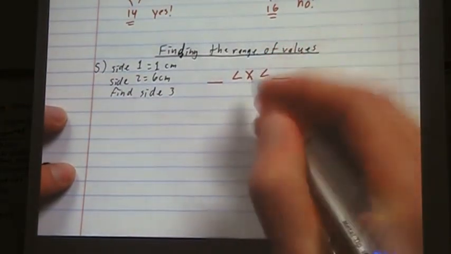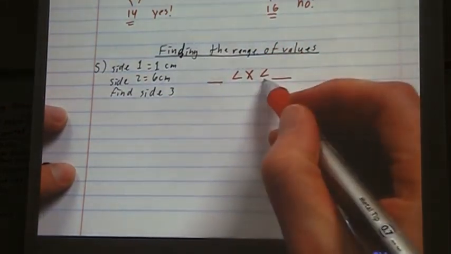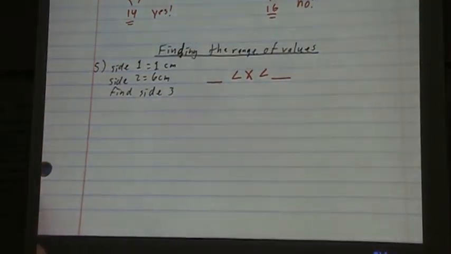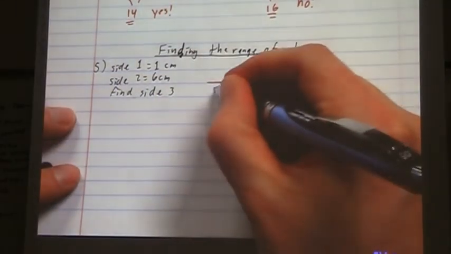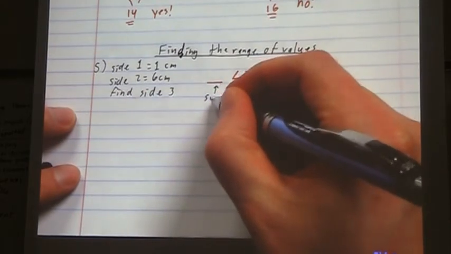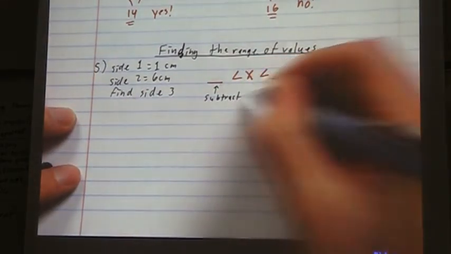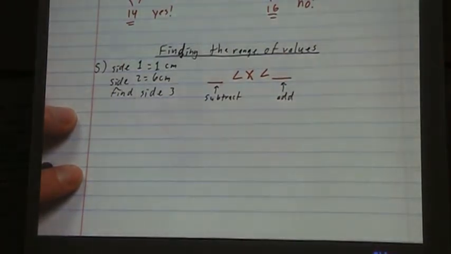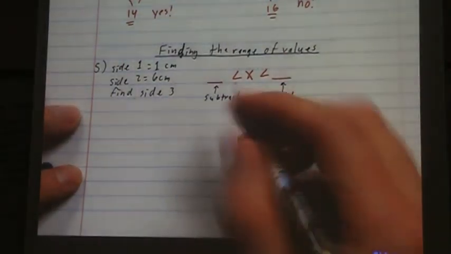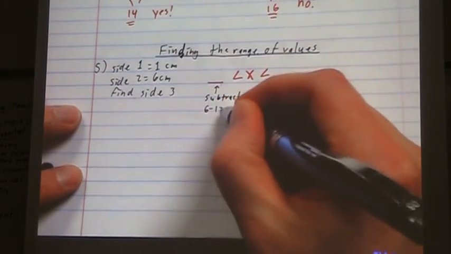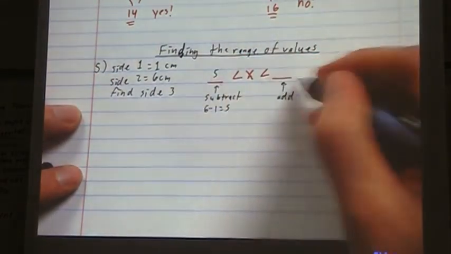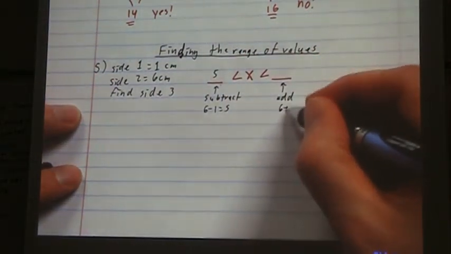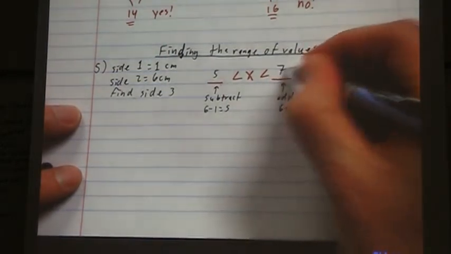This is your x, a number less than x, which is less than another number. And here you subtract the two numbers, and here you add. So that's kind of how to work the formula here. So if we did 6 minus 1, we get 5. And here we do 6 plus 1, we get 7. Boom, there we go.